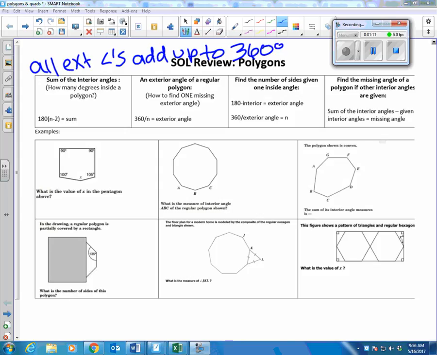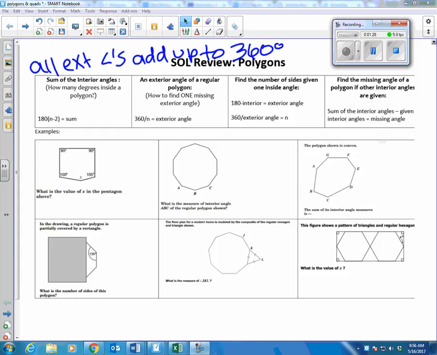Okay, so the sum of the exterior angles is always 360. Remember the sum of interior angles, you need to find it because it varies for each shape. And so now if you need the exterior angle of a regular polygon, just do 360 divided by the number of sides, and that gives you one exterior angle.